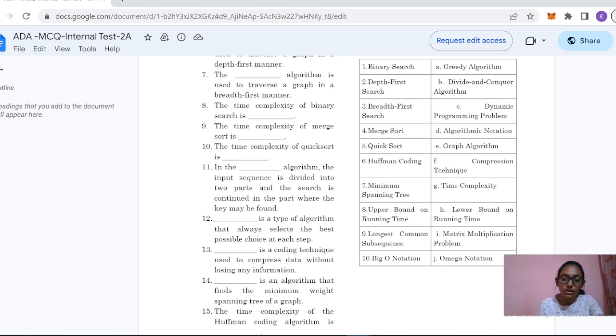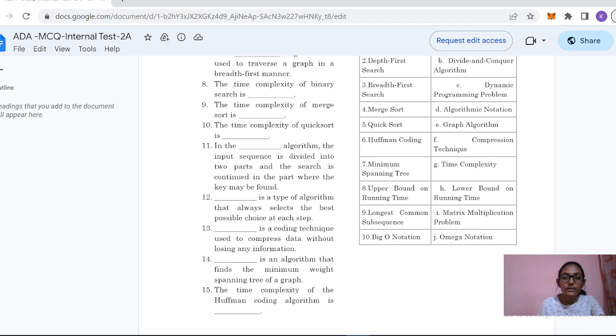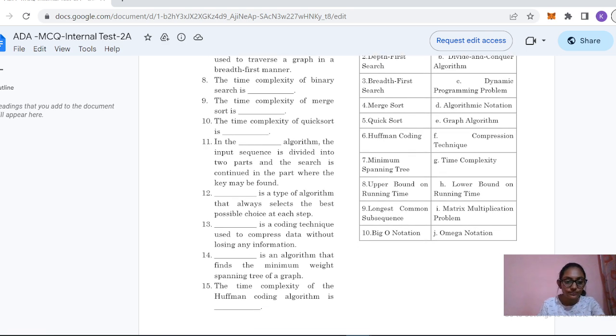Fourth, merge sort. Merge sort belongs to divide and conquer algorithms. Fifth, quick sort. Quick sort and merge sort are similar. That's why both belong to option B, that is divide and conquer algorithm. Sixth, Huffman coding.